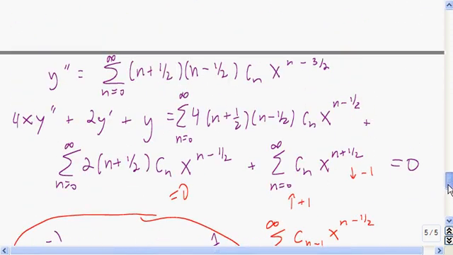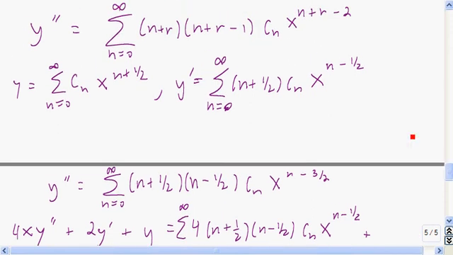All right, so these were the coefficients of our series right here. So I'll go ahead and plug those in.